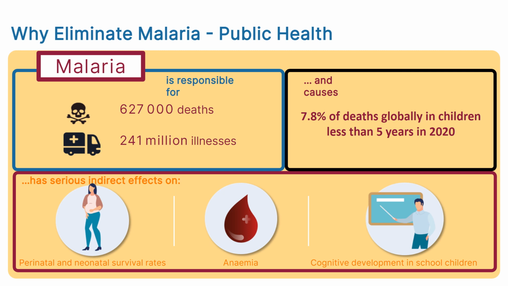In sum, malaria has not only direct effects on public health through morbidity and mortality, but also important indirect effects that are less recognized but of similar importance. Eliminating malaria would therefore have a bigger impact on population health than can be anticipated just by looking at the direct burden.